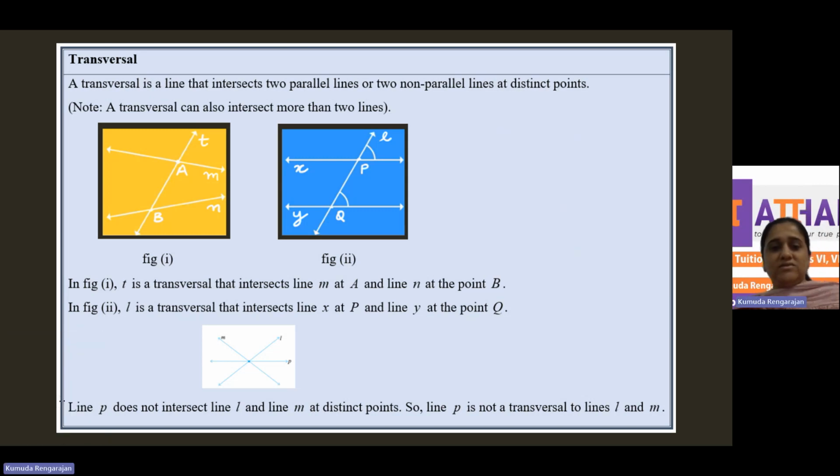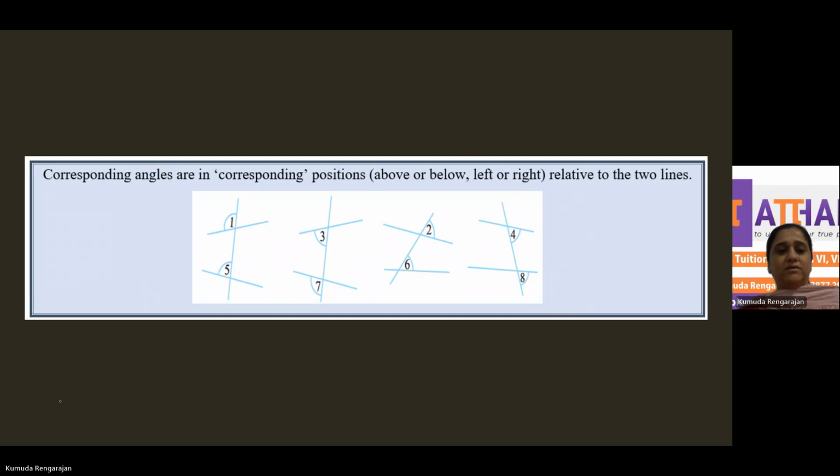All right. So just have a look at this. See the position, angles 1 and 5, corresponding angles, but they're not equal because you can see the lines are not parallel. The arrow is also not there, so you can make out that the lines are not parallel.